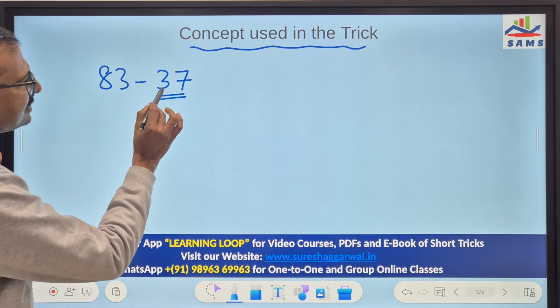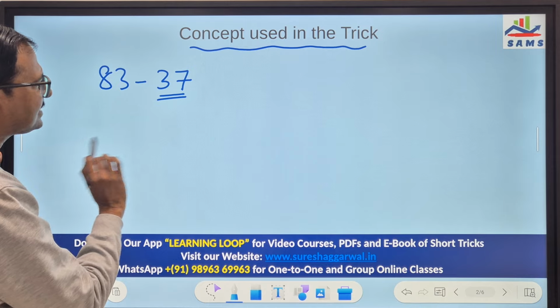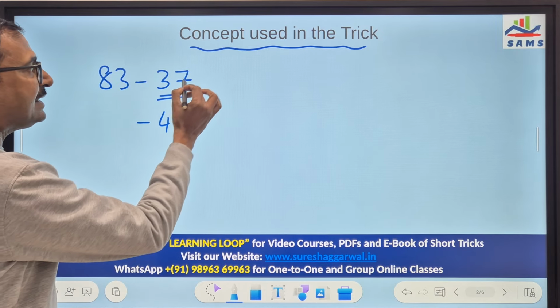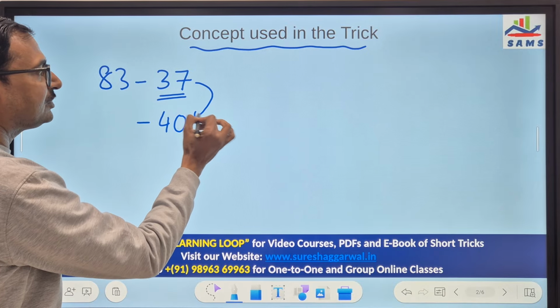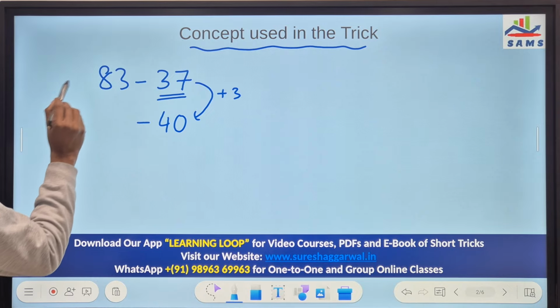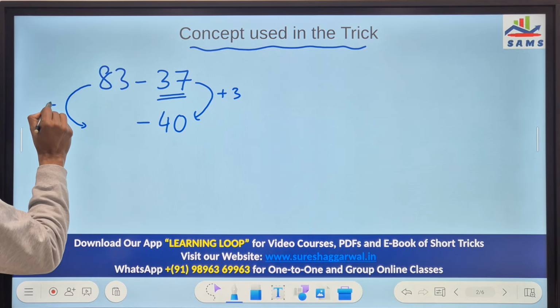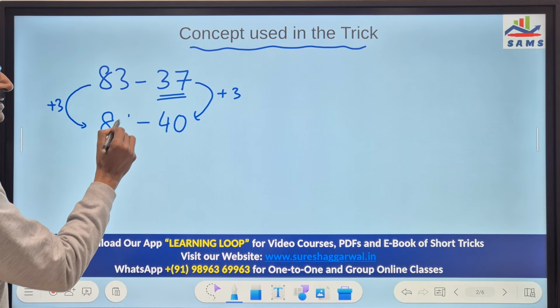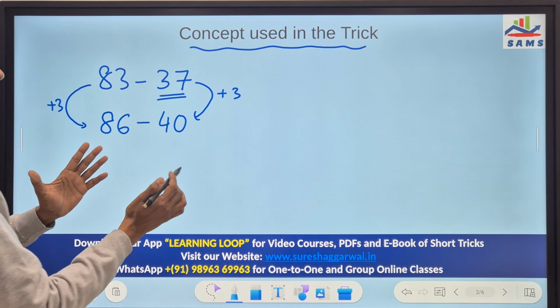If I visualize this 37 as 40, what did I do? I increased this number by 3, right? Plus 3. So what do I have to do to 83? I have to increase this number also by 3. So 83 becomes 86.